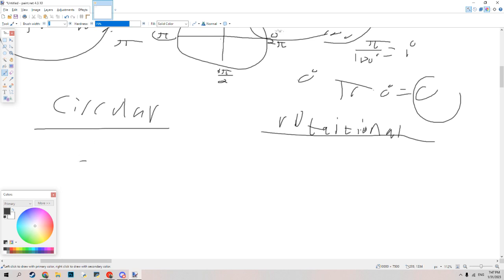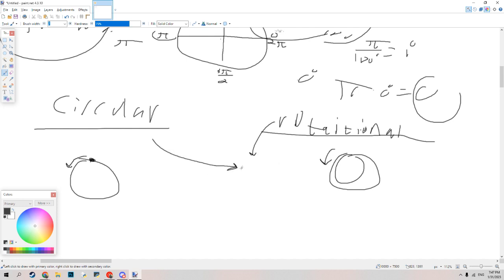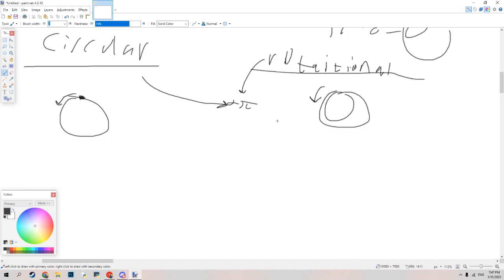Circular is just one point on a circle, and it just continues. Rotational is just the entire circle rotating, which means that technically speaking, one rotational movement is equal to 2 pi radians of a circular movement, or you know, angle change, whatever you want to call that. I think movement is a bit intuitive, so it helps to call it as much.